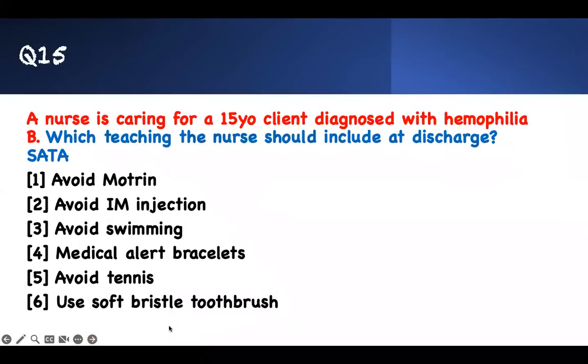Number 15, select all that apply. A nurse is caring for a 15-year-old client diagnosed with hemophilia B. Which teaching should the nurse include at discharge? Buzzwords, you have to find the buzzwords. Hemophilia, it doesn't matter whether it's B or A. I need a teaching I should include.